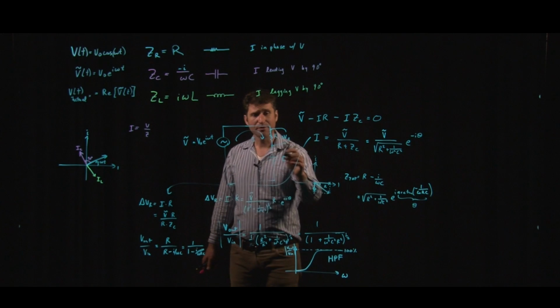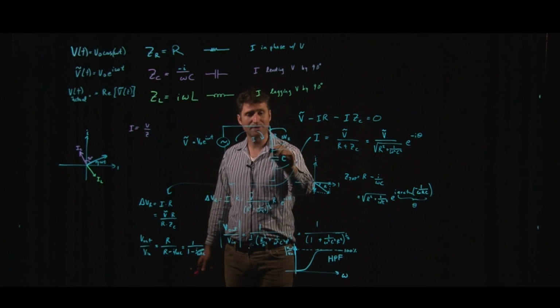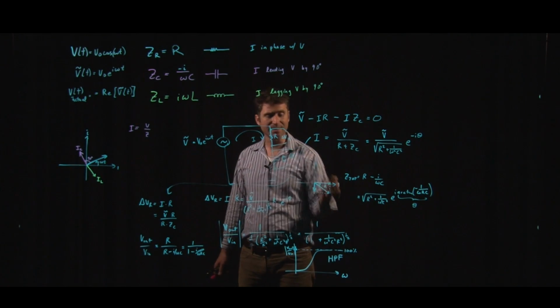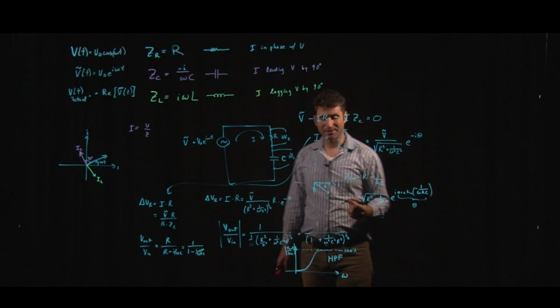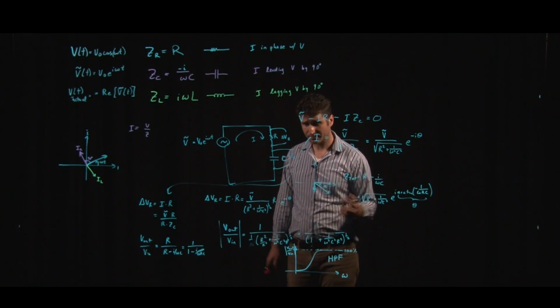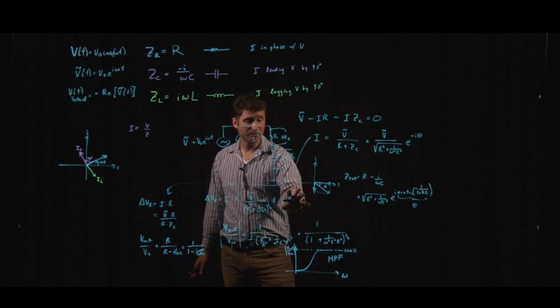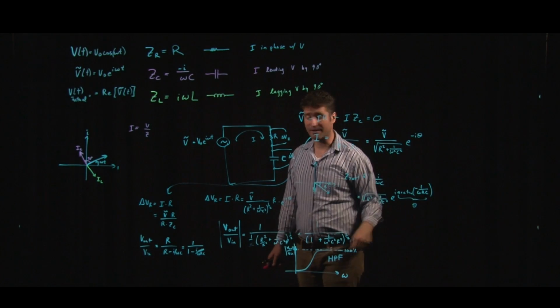Okay, so now, what if I wanted to measure the voltage drop across this capacitor? I'd put some probes on either side of the capacitor and measure delta VC. At this point, it's a pretty straightforward math problem because we could either do this situation where we have this I with amplitude and phase times ZC, or we can do the complex notation.